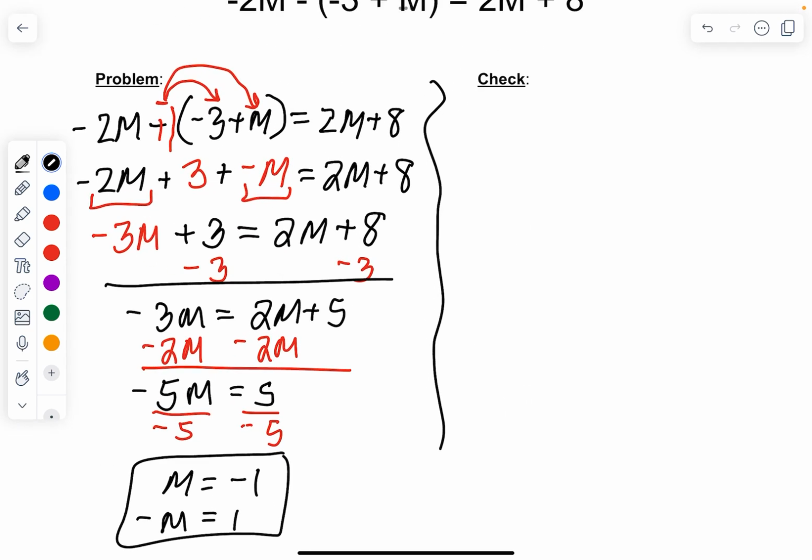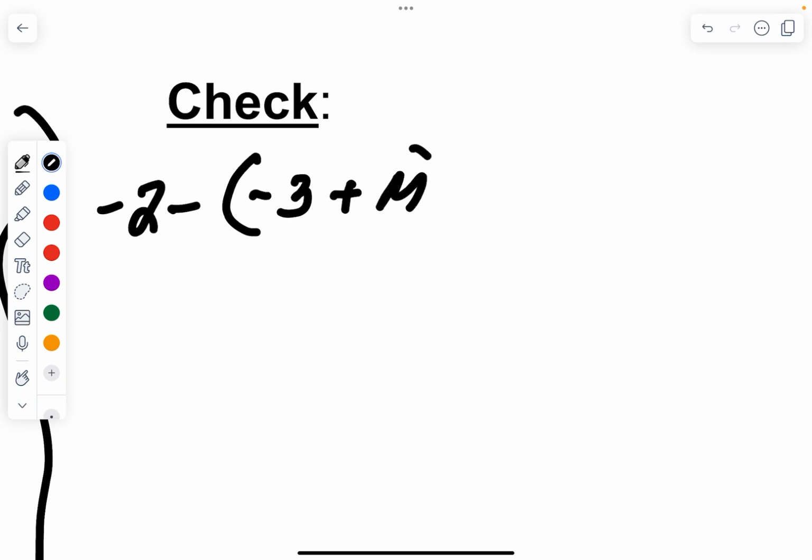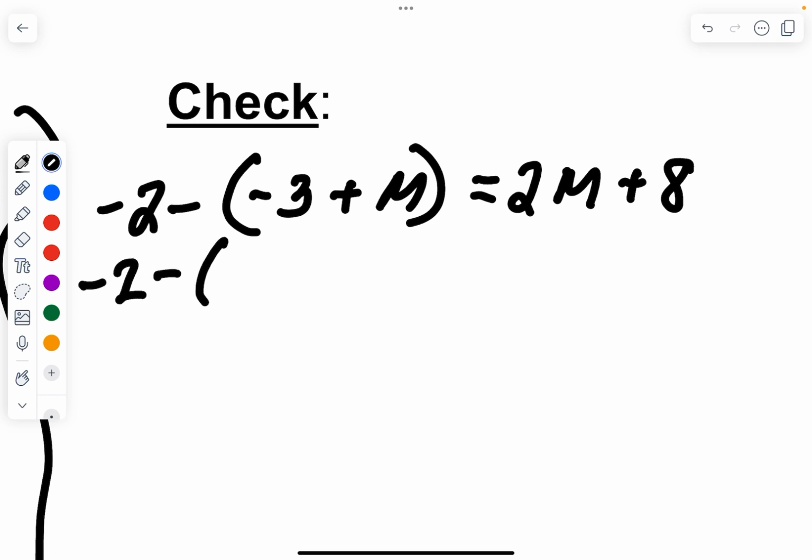Now we're going to go ahead to the other side and I'm going to write the check problem. So the original problem, we're going to take out our m and we're going to put in -1.